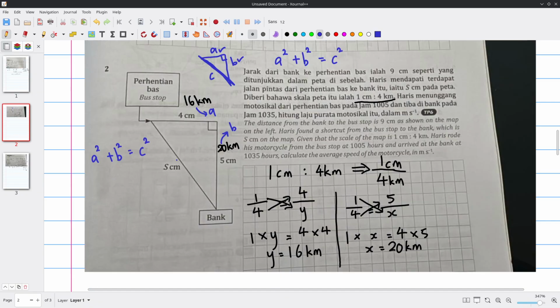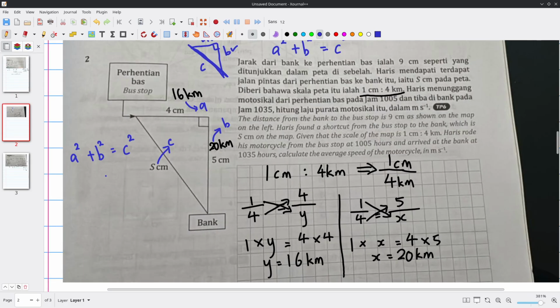Okay, so in this case, cikgu punya S ni, cikgu punya C lah. Alright, so kalau cikgu kira, cikgu kena substitute the nilai. So which means A square will become 16 square lah. And then plus B square, B is our 20, right? So 20 square is equal to C square.